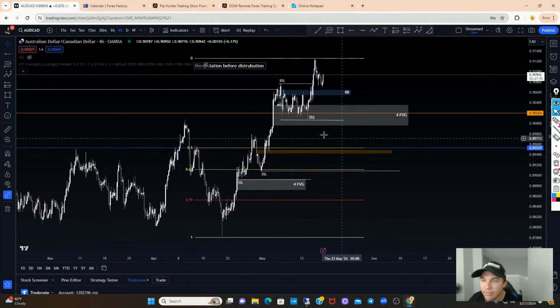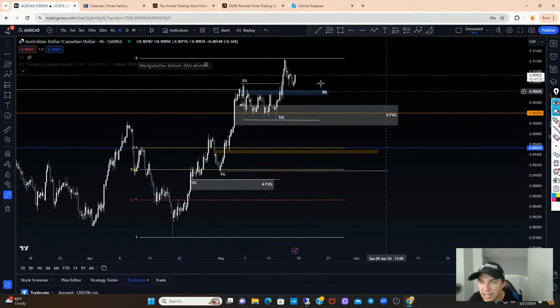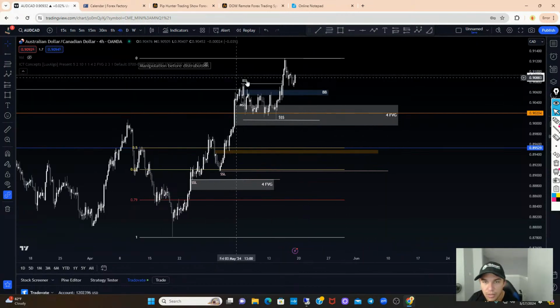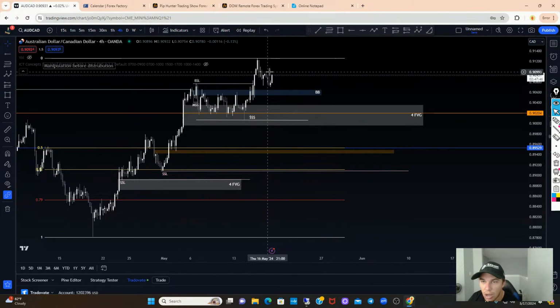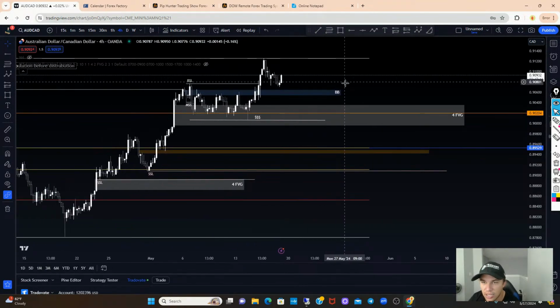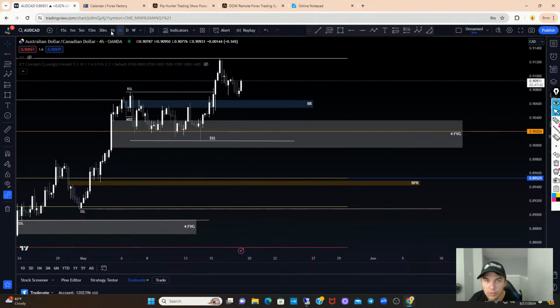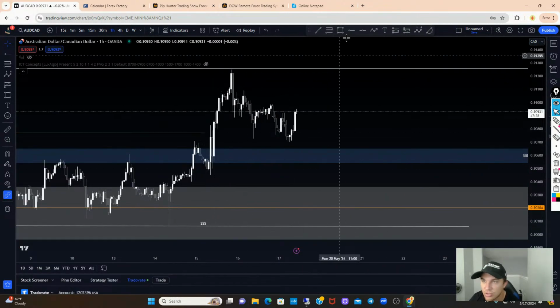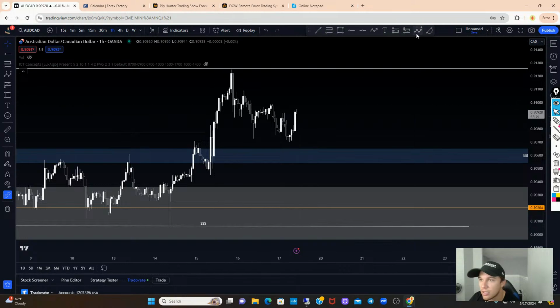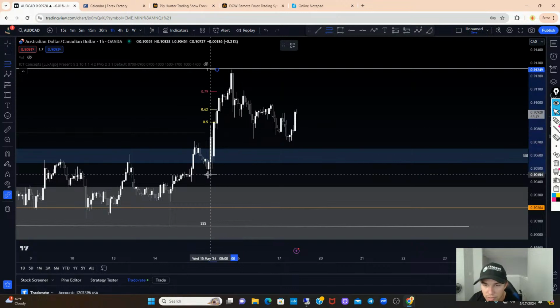And now that we have completed this model, taking out this external range, we then saw another manipulation taking out that buy side. I want to use standard deviation to project where I think price can continue to move lower. So let me go to the 1 hour here, and I'm going to use standard deviation of this next swing that we had, this price leg from this high to this low.